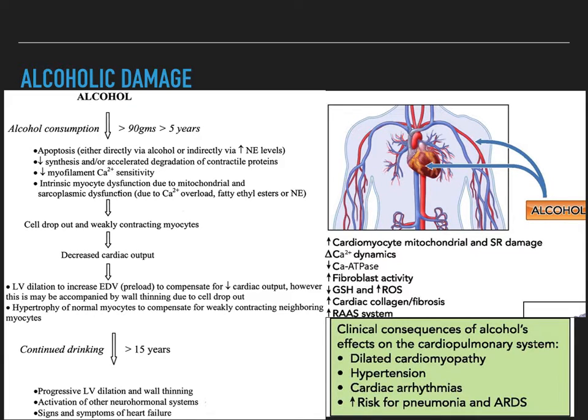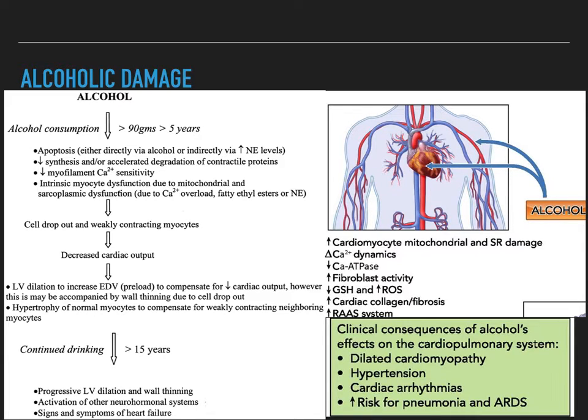Now the thing is that would cause a dilation because you have an increase in the end diastolic volume, and to compensate for that decrease of cardiac output, your myocytes will become hypertrophic. So you see how it's kind of not contraindicated, but a little bit confusing. Because of your cells dying out, you have that thinner wall, so your ventricle starts to dilate.